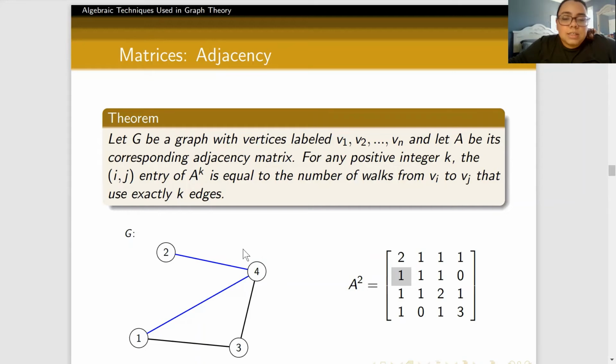So in this case, they have vertex 4 in common, which tells us that there is a walk of length 2 from vertex 2 to vertex 1 that goes through vertex 4. So this entry in the matrix corresponds to this walk in the graph.